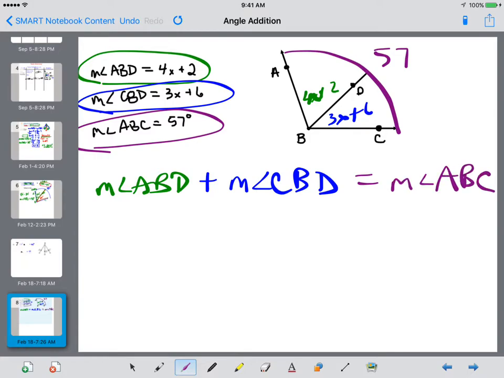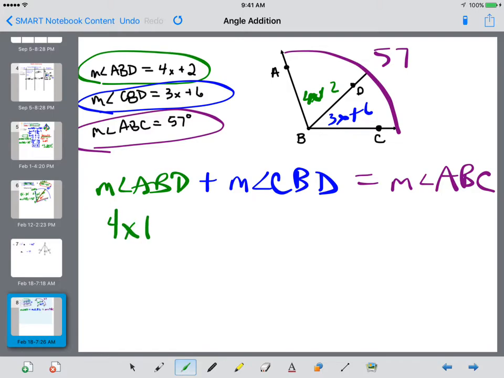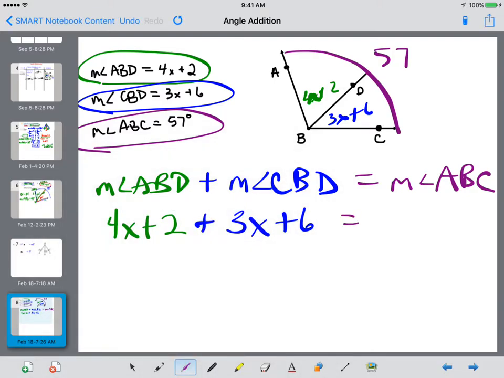We will get the whole thing. So if I plug in 4x plus 2 for ABD, and I plug in 3x plus 6, it will equal 57. Now we just have an equation that we need to solve for x.